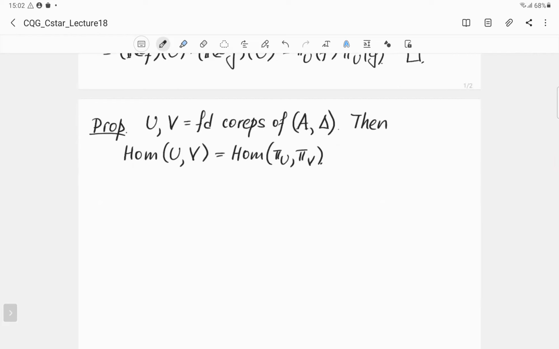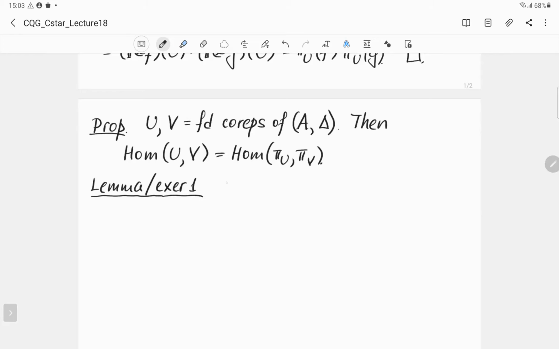Okay, to prove this proposition, we again need a couple of simple lemmas. Lemma, exercise 1, which actually gives us a different but equivalent form for pi U of f.